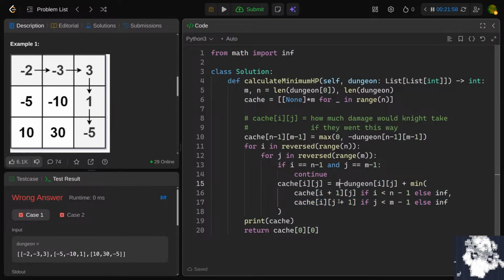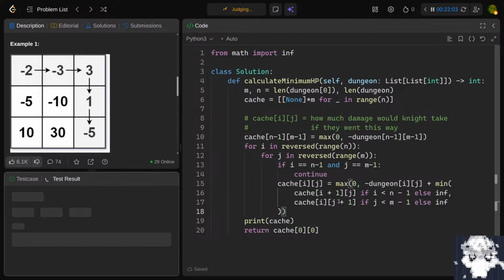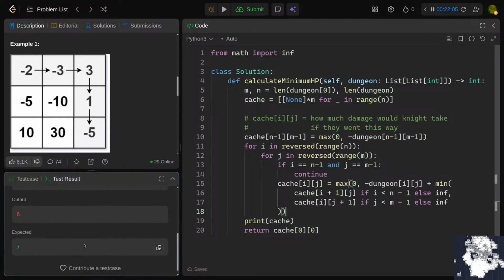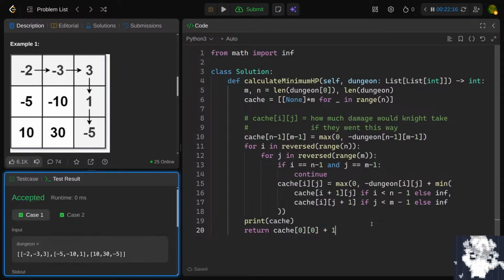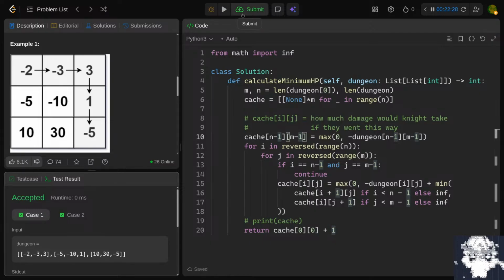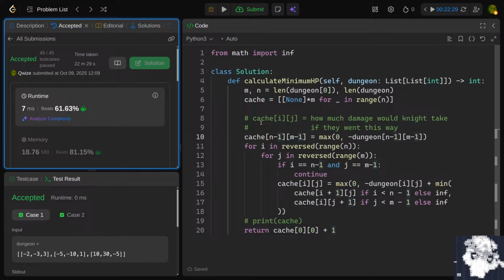You take the max of 0 and that. Okay, and then we just need to add 1 to the end, because we're saying that you would end up at the end with 0, but what we want is that you have more than 0. There we go.